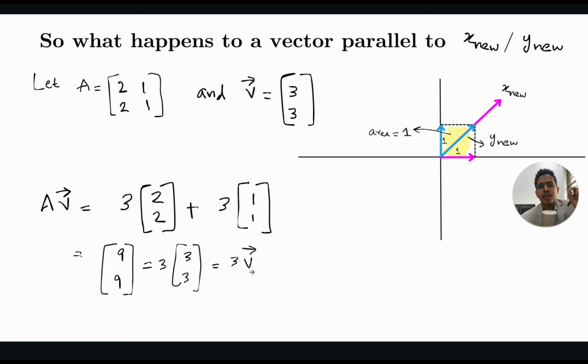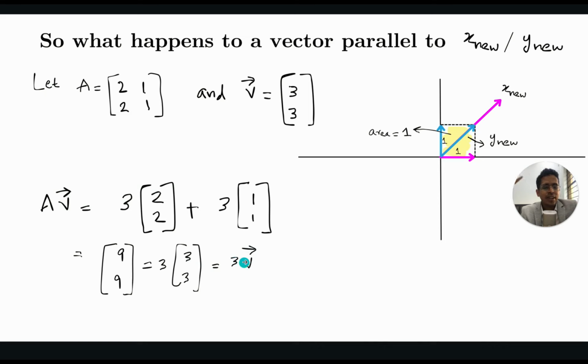So did you see what happened? Because the determinant of A was 0, x new and y new were on top of each other, parallel to each other. And because v is also oriented along this line, v will look like this, right? The vector v is over here. That vector v after transformation we can represent in terms of the original vector v itself. So A is just scaling the vector v.